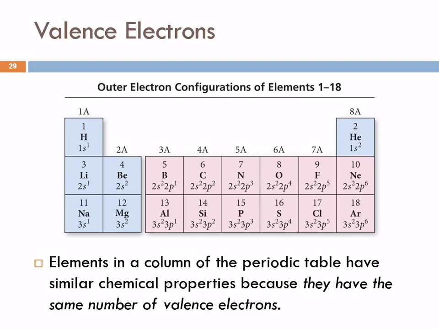So if we look at part of the periodic table, there's this little seam here. That's where the transition metals split everything open, and we're ignoring them.